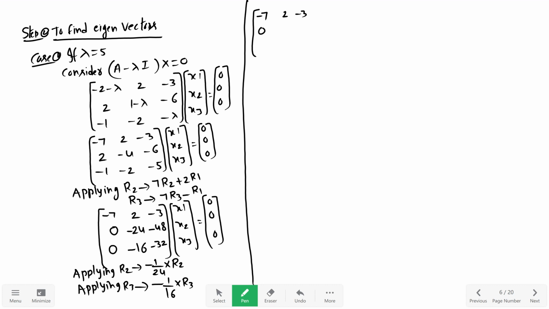Minus 1 by 24 into R2: 0, then minus 1 by 24 into minus 24 is 1, and into minus 48 is plus 2. R3 gives minus 1 by 16 into R3: 0, then minus 1 by 16 into minus 16 is 1, and into minus 32 is plus 2.